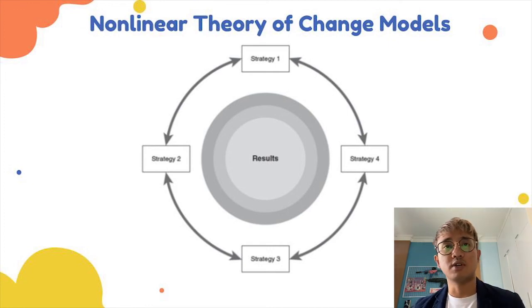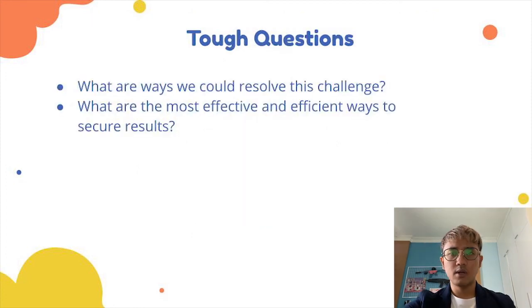So, as you can see in the figure, it is a simple example of a nonlinear theory of change model. The four strategies that contribute to results occur in a specific sequence over and over again. Their interactions contribute to the center target, which is the results.